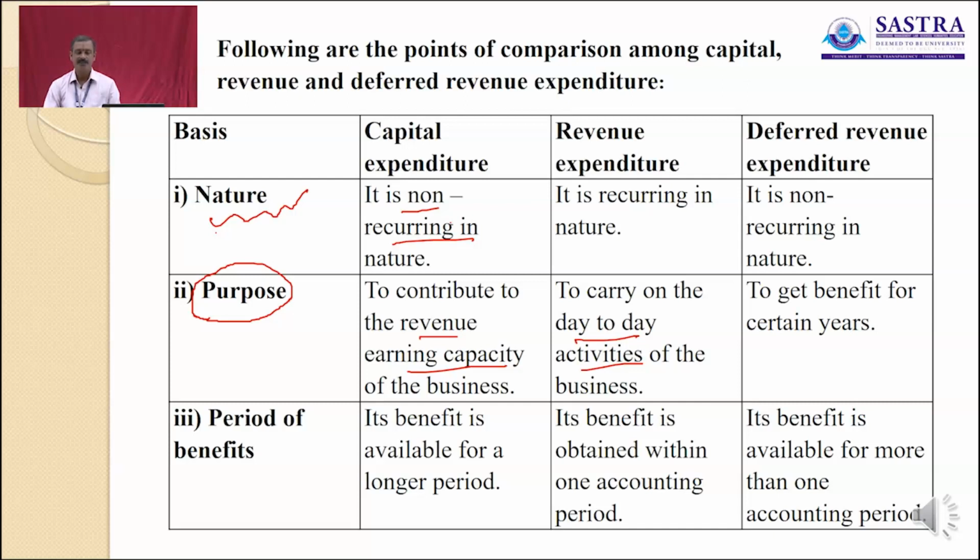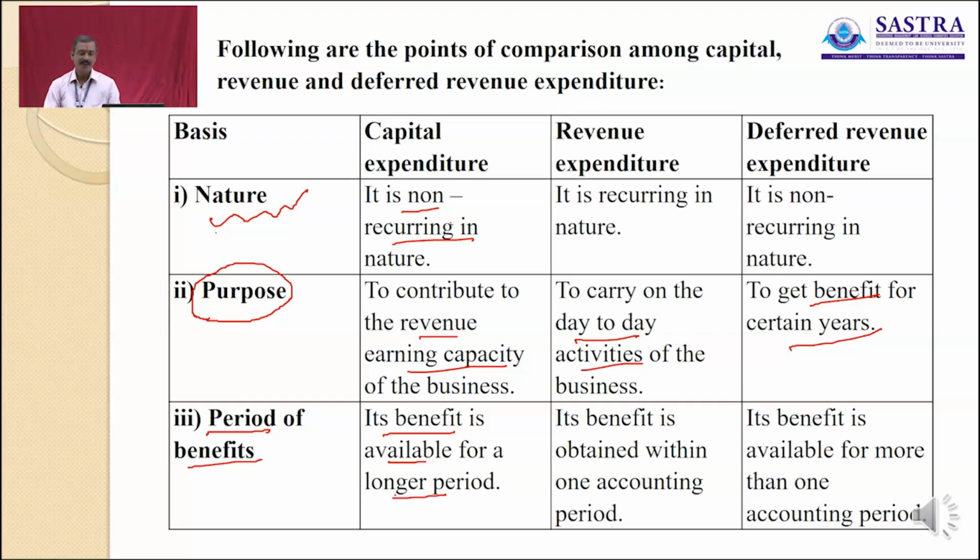The deferred revenue expenditure is spent to get benefit for a certain number of years for the operational purpose. And the third point is to know the period of benefits. Which benefit? The capital expenditure.